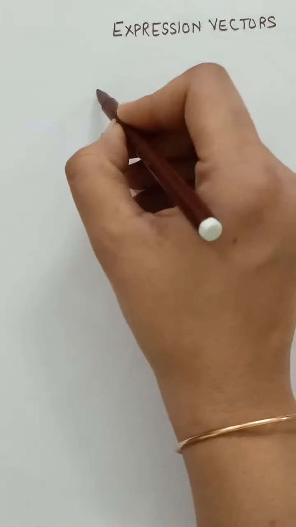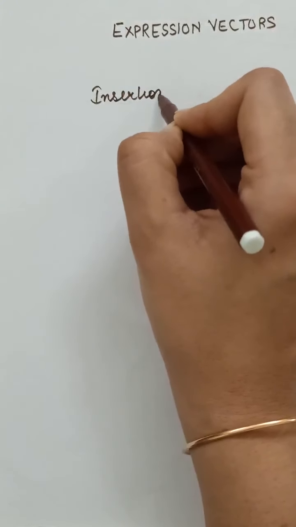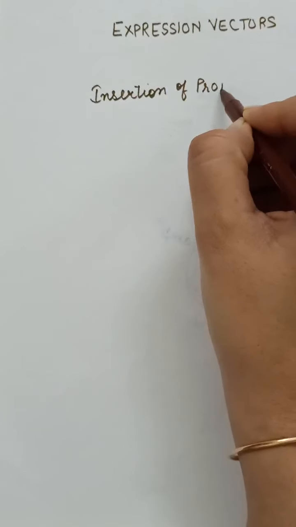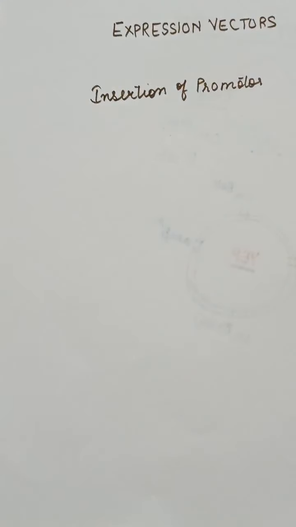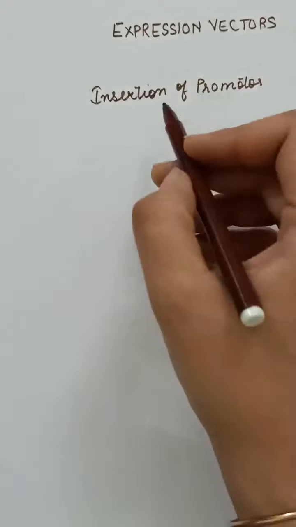For this, expression of cloned genes is carried out by inserting a promoter sequence. Now what is this promoter sequence? Promoter sequence is basically the signal for initiation of transcription.